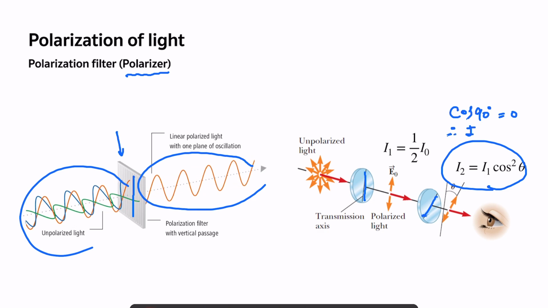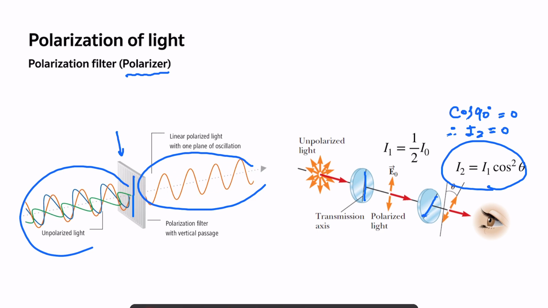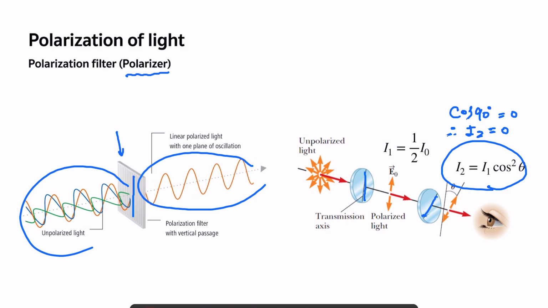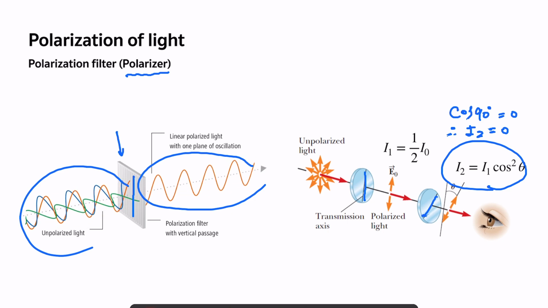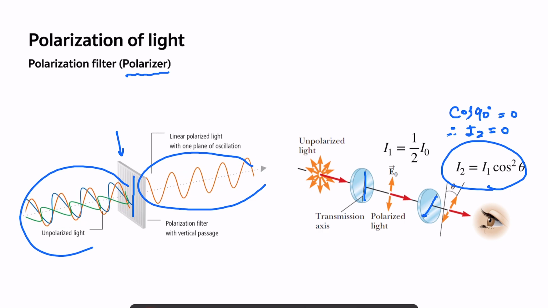So I2 becomes zero. In the case of partial polarization, the intensity of light will change to some extent, but it won't be zero.